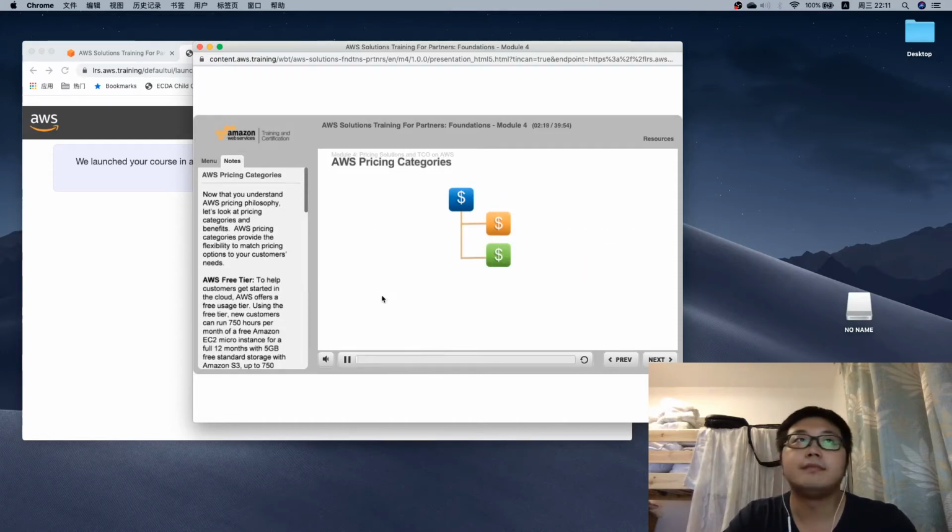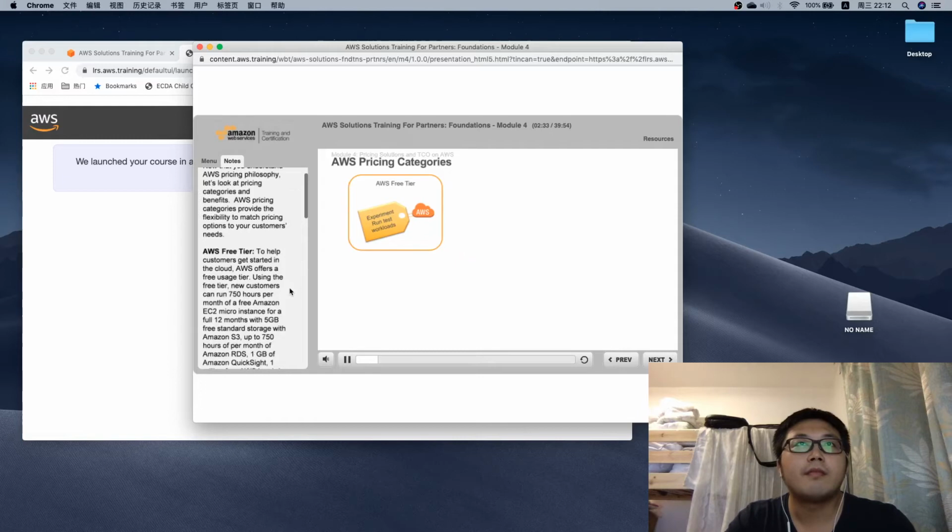Now that you understand AWS pricing philosophy, let's look at pricing categories and benefits. AWS pricing categories provide the flexibility to match pricing options to your customers' needs. AWS Free Tier. To help customers get started in the cloud, AWS offers a free usage tier.